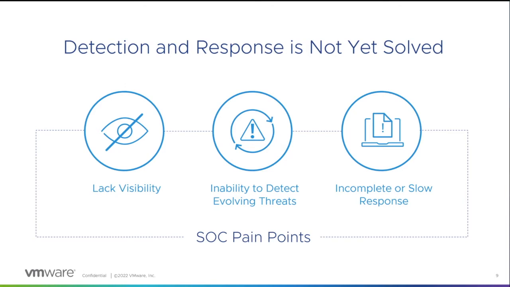Instead of providing rich telemetry that allows them to make a decision very quickly, is this the kind of traffic I need to block or allow? They're digging through different consoles, different tools, trying to figure it out themselves. So we're very focused on security operators and how we can make their roles, their lives, if you will, that little bit easier.